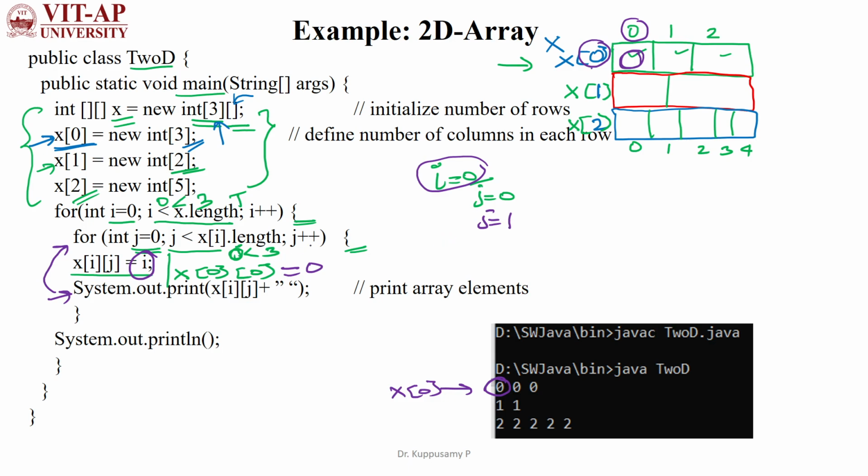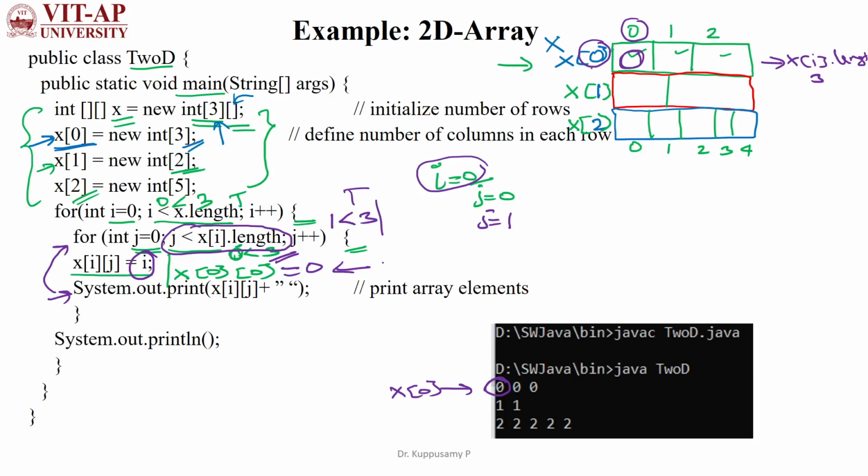Now once it is incremented, again it is checking. j is now 1, less than x of i dot length, which is 3. So 1 less than 3 is also true. Then this portion will execute.